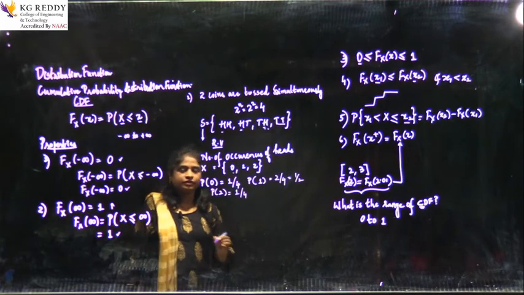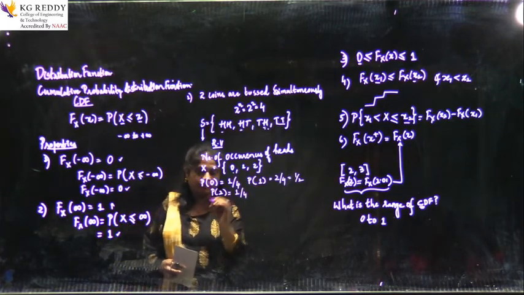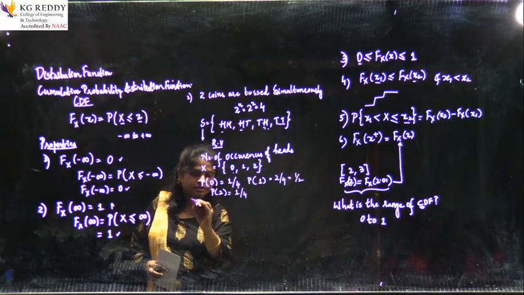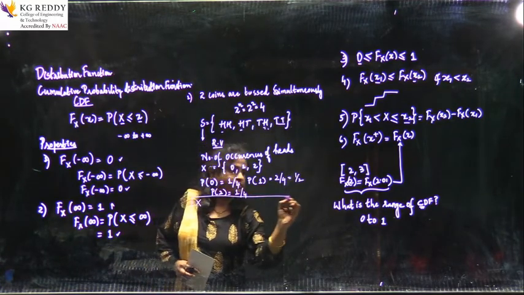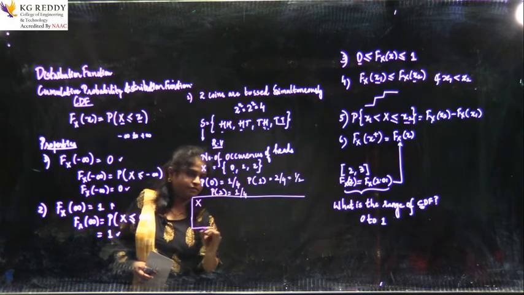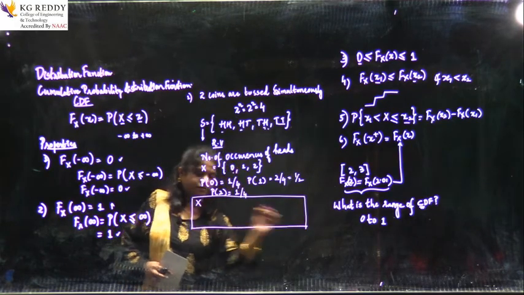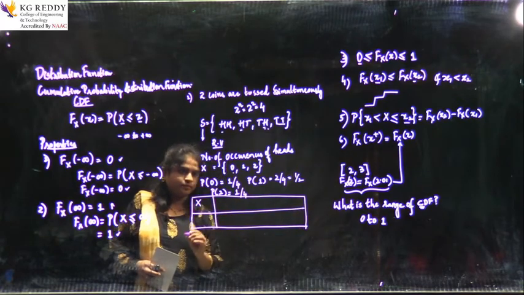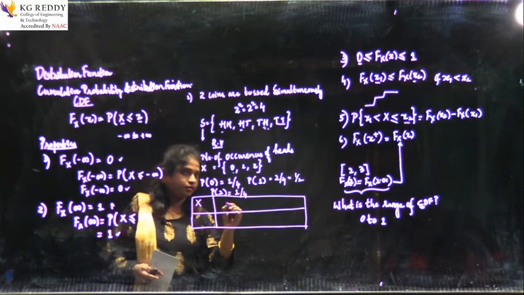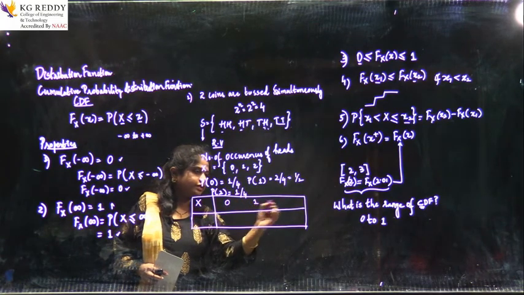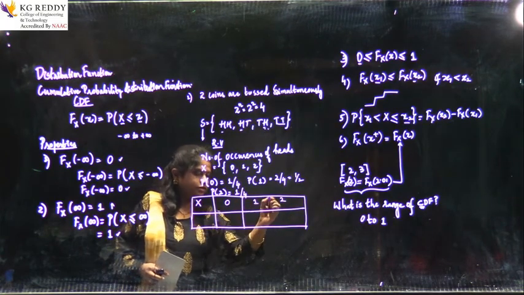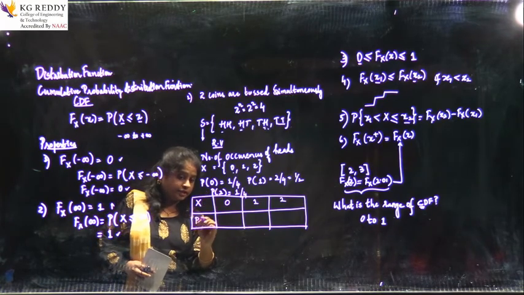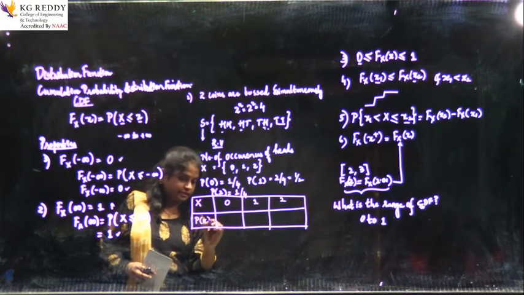So, like this we will be defining the tabular column, that is, I will be writing the x values. 0 can be possible, 1 can be possible, 2 is possible, and here the probability of x.